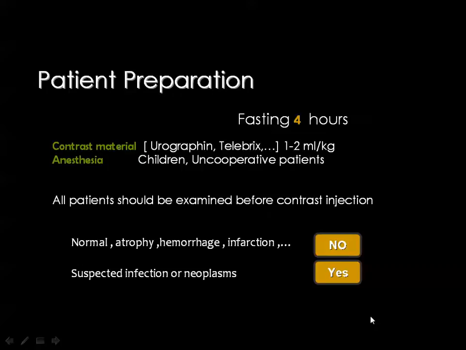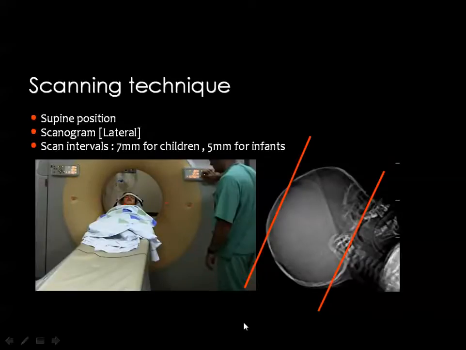And as a broad rule, we usually inject patients with contrast whenever we are suspecting an inflammatory pathology or a brain tumor. Then contrast is needed to discriminate between infection and the neoplasms, and also to differentiate between the types of infection and the types of neoplasms, as I will mention in detail after that.